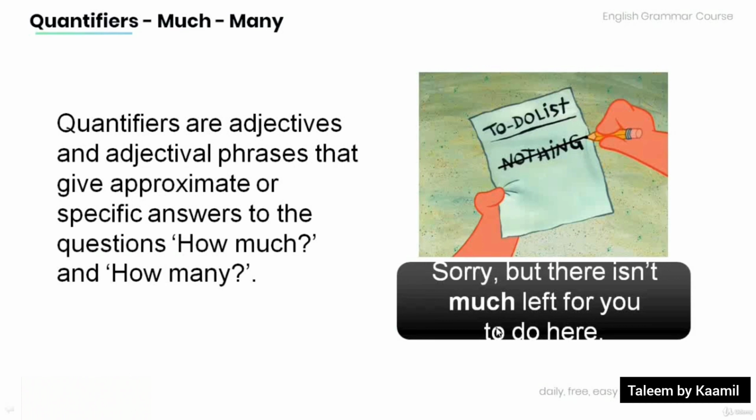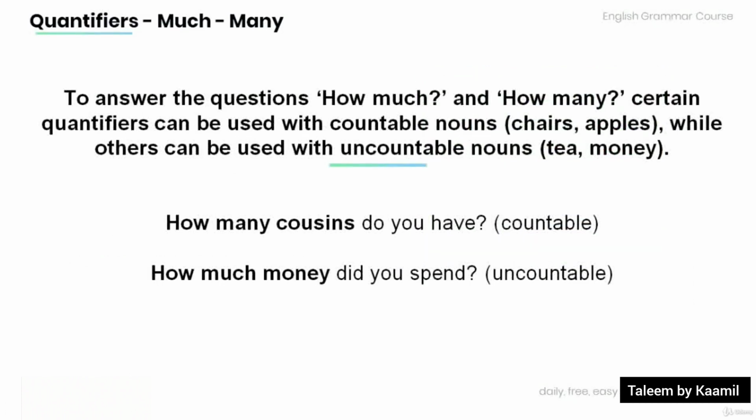to do. Now, to answer the questions how much and how many, certain quantifiers can be used with countable nouns, such as chairs and apples, while others can be used with uncountable nouns, such as tea and money. Now let's have a look at the examples below.